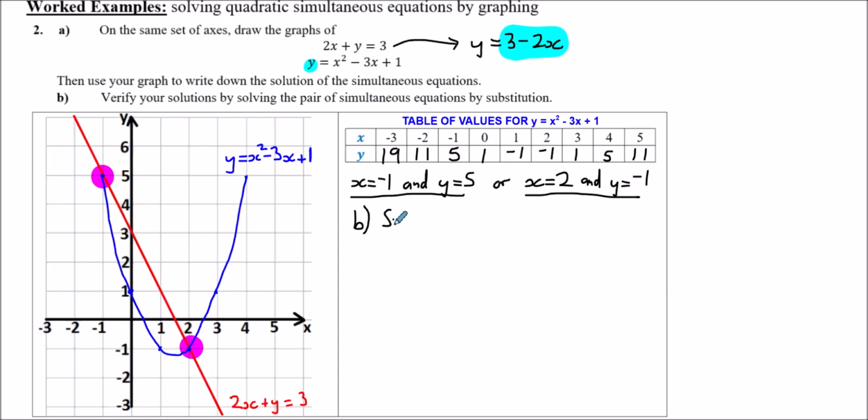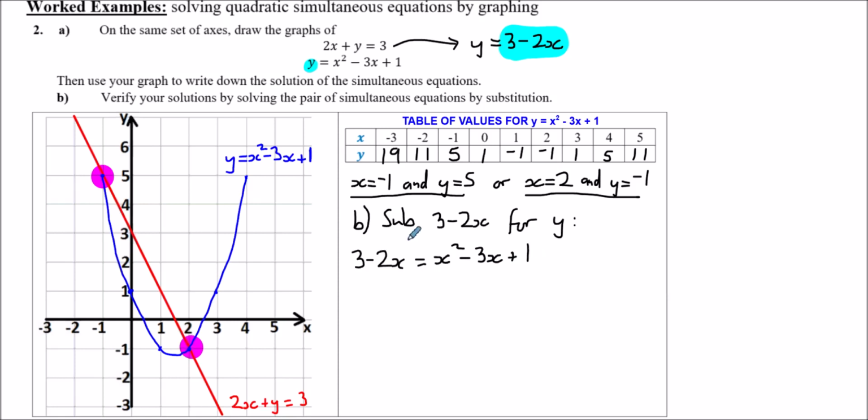So that's what we're going to do. So sub 3 minus 2x for y. So this bottom quadratic, instead of putting y equals, we can put 3 minus 2x, because that is y. So 3 minus 2x equals x squared minus 3x plus 1.